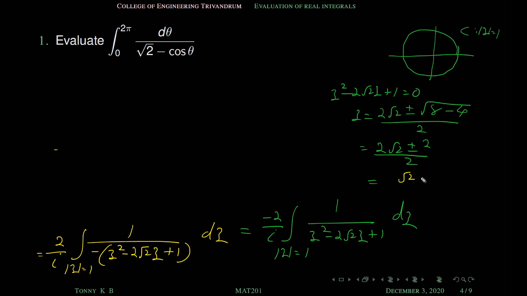So this becomes root 2 plus 1, root 2 minus 1.